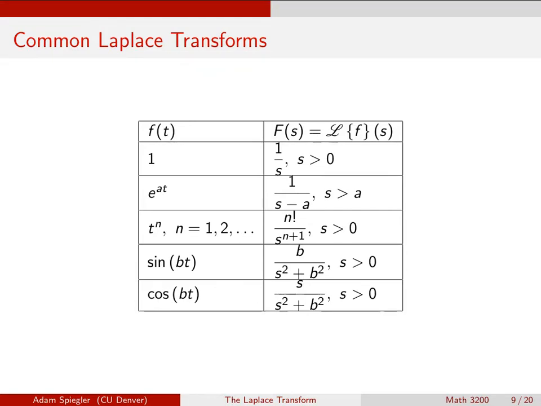When you do the Laplace transform of the sine of bt, what you get is s squared plus b squared in the bottom, and on top you get the constant b. So one thing that's important to note here is that when we're doing the sine, the top is a constant.